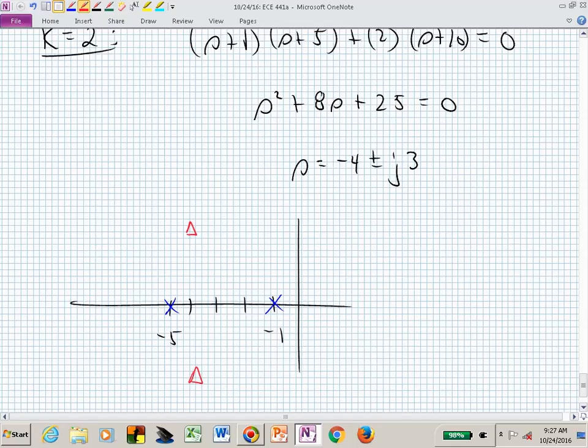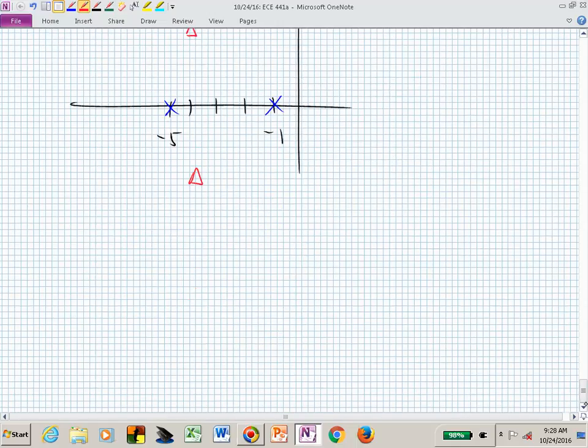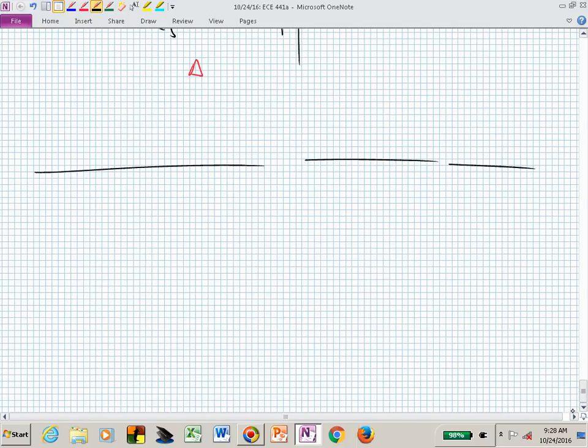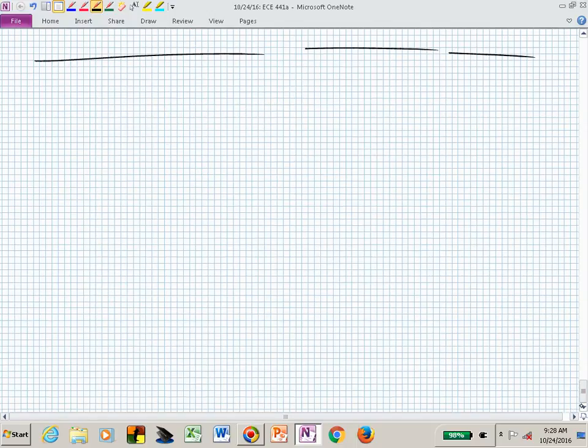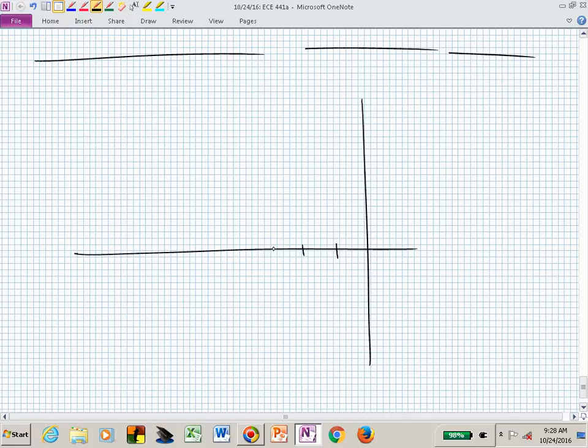And maybe you can already envision what you're seeing in the root locus pattern. Maybe not. What happens as k now moves from 0 all the way to infinity? My diagram is not going to be very big.